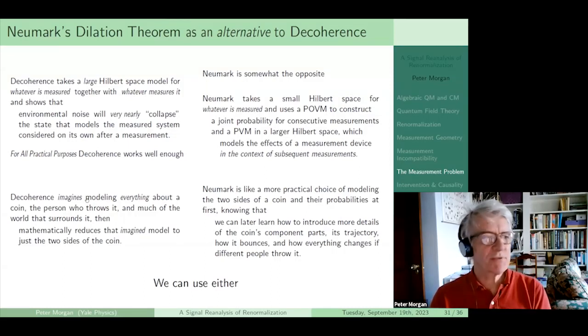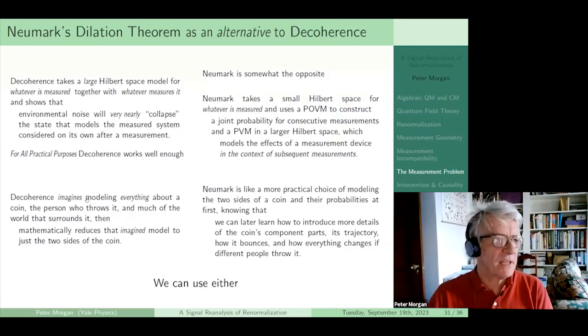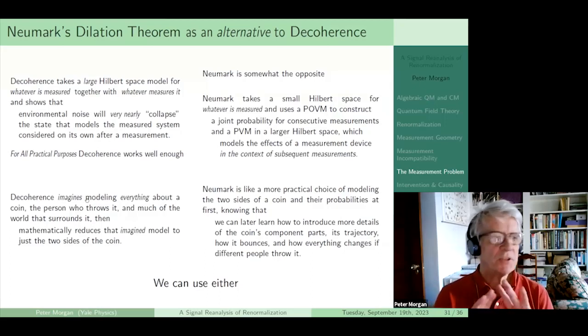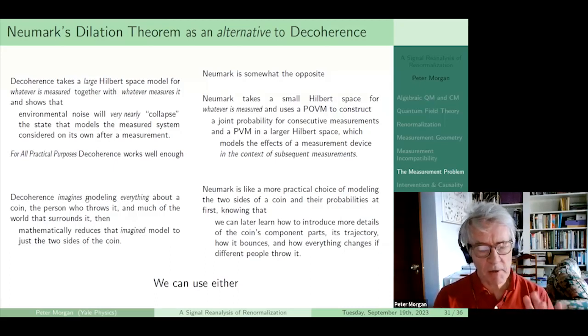Whereas Neumark is more of an engineering approach in which we take two sides of a coin and we work with their probabilities, and we're quite happy with just measuring relative frequencies. And then later we come along, we take videos of someone throwing the coin and we examine the dynamics and everything. This is not to say decoherence is better than Neumark, although we might have preferences one way or another, depending on our sensibilities, but we can use either.